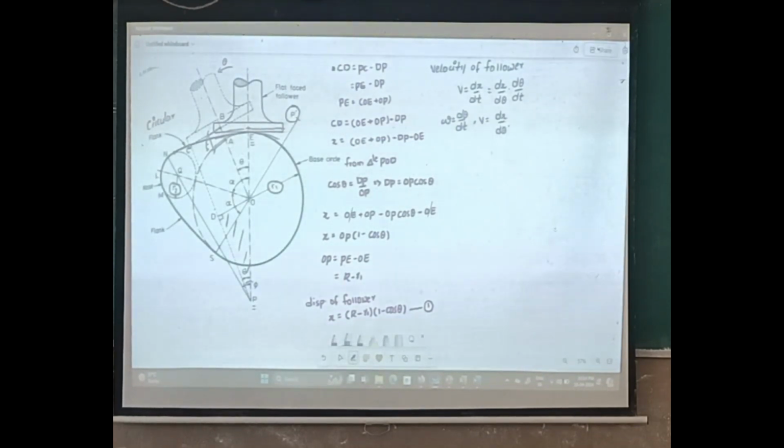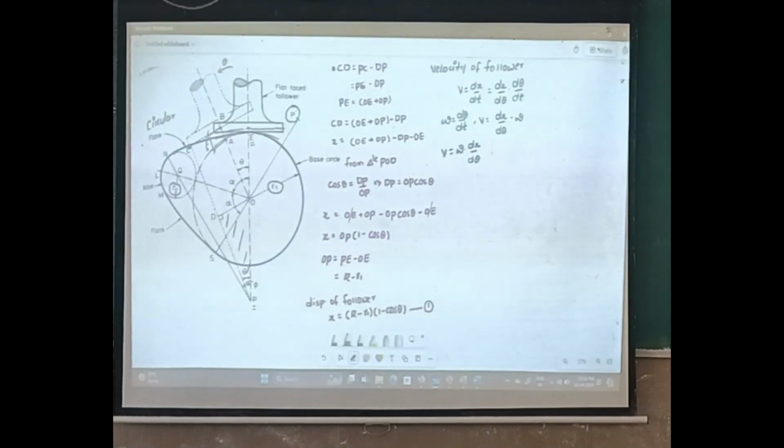So the velocity v can be defined as omega into rate of change of displacement with respect to the angular displacement theta.